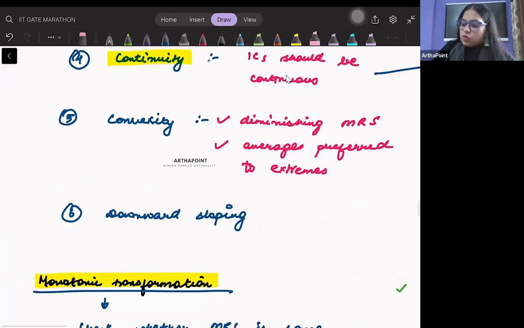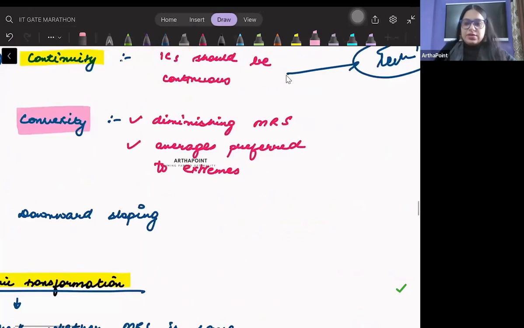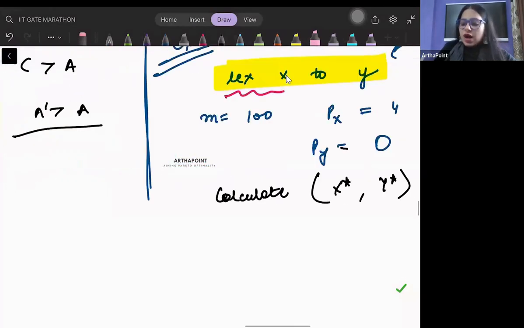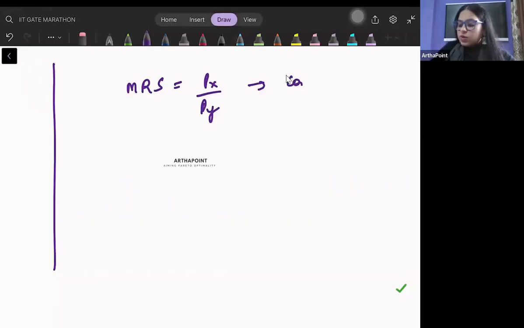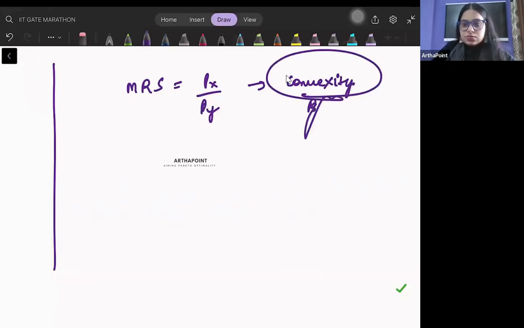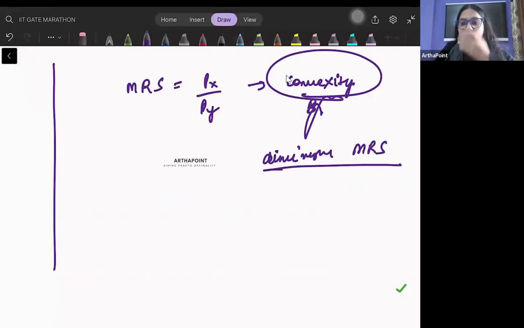Now we can talk about convexity. So again, this is important. Many of you are confused about how I will know whether we can apply this rule or not: MRS is equal to PX by PY. This rule can only be applied when you have convexity, and convexity means that you should have diminishing MRS. And how can I see whether I have diminishing MRS or not?